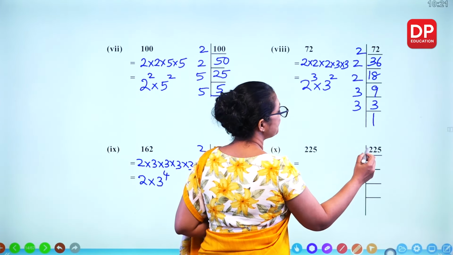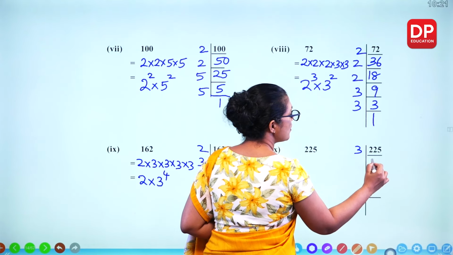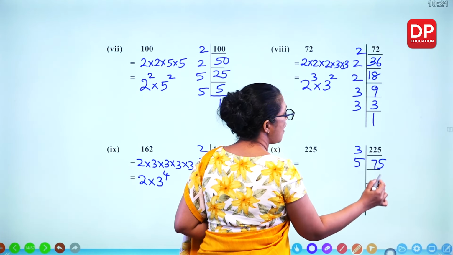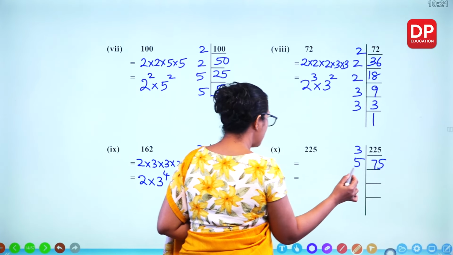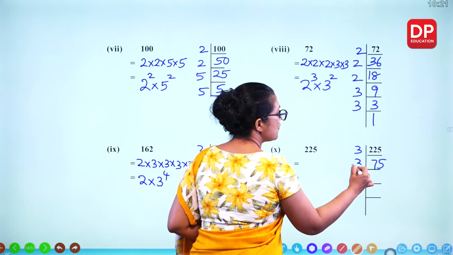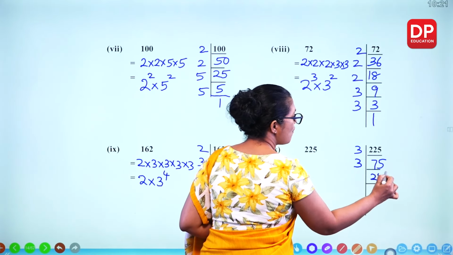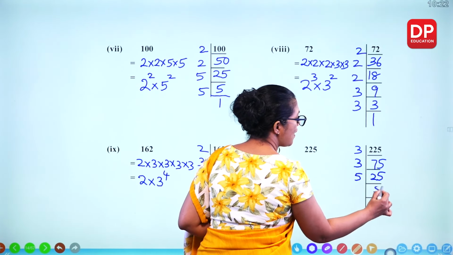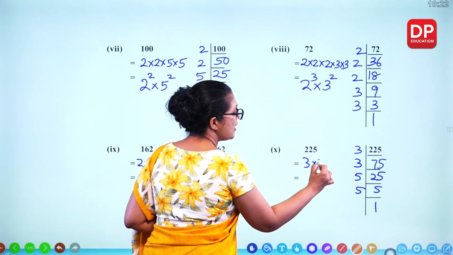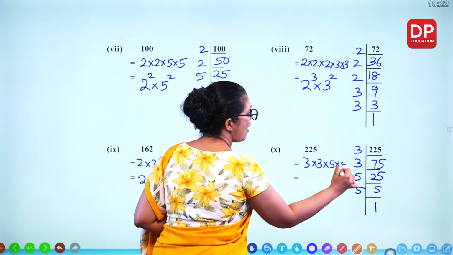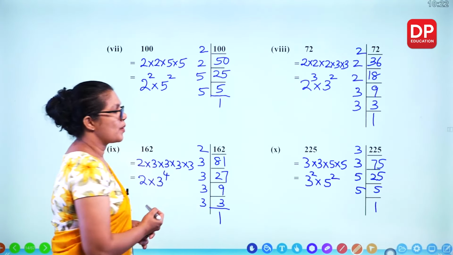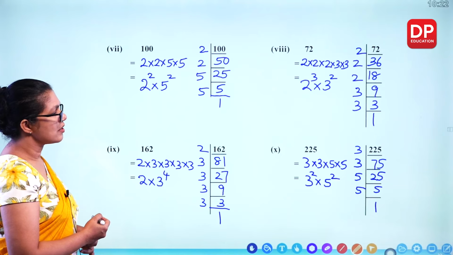Divide by 3, you get 75. Divide by 5, you can divide by 3 again. Divide by 3 again, 25. Now you can divide by 5, that's 1. 3 into 3 and 5 into 5. I can write 3 squared and 5 squared as index notation.